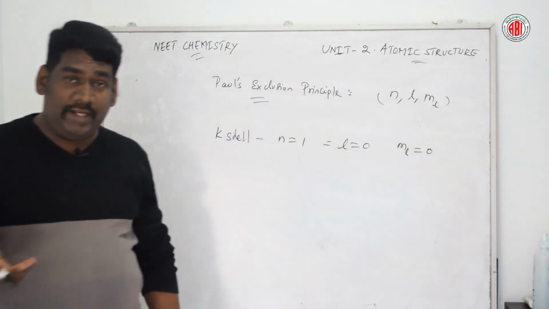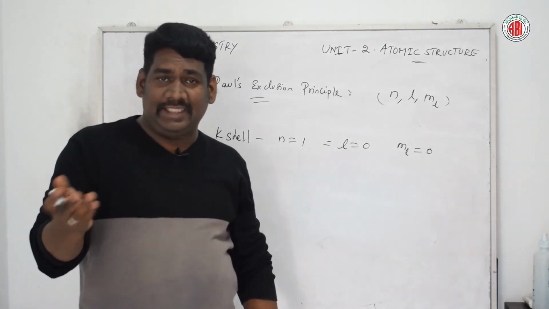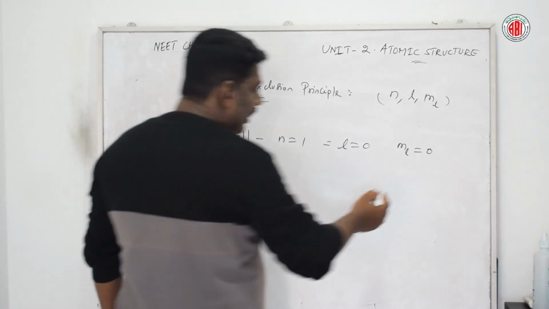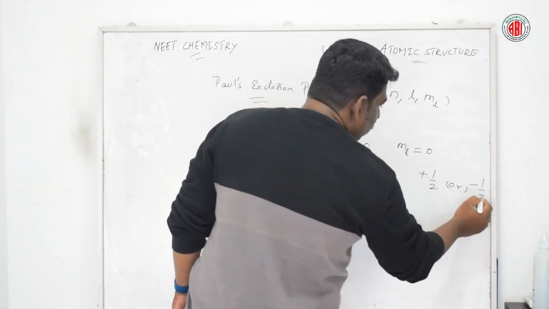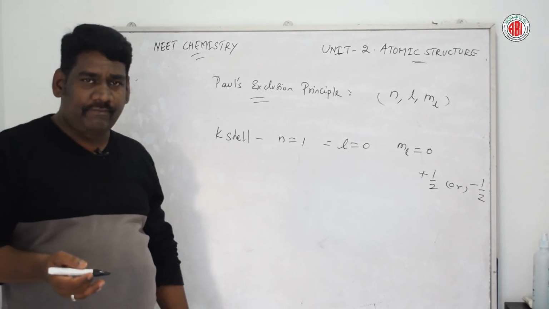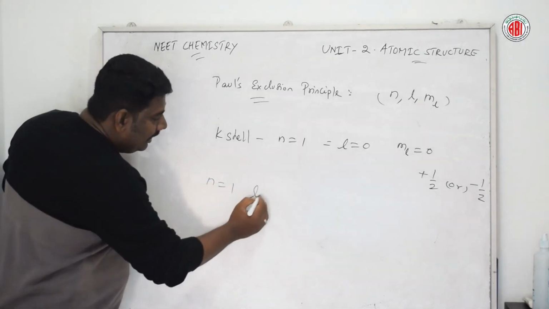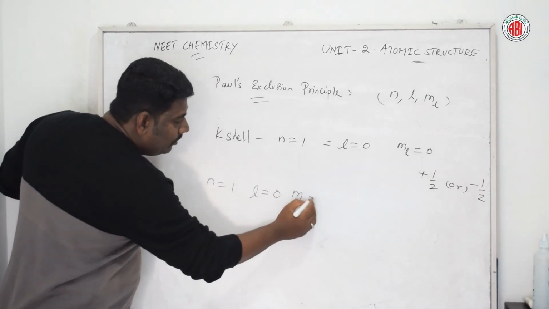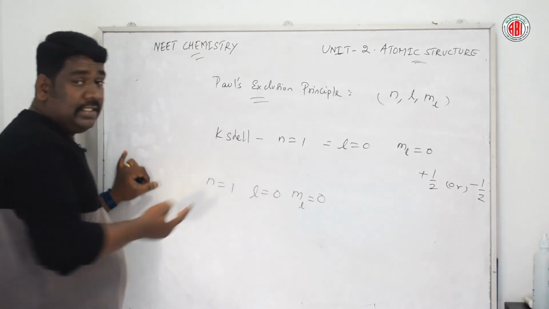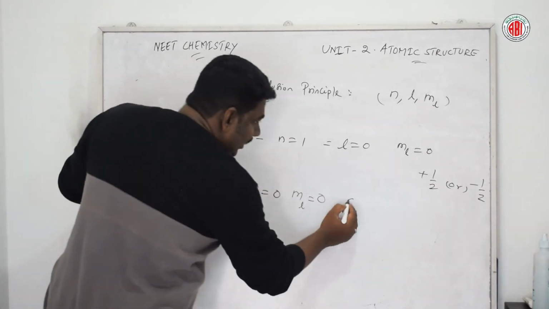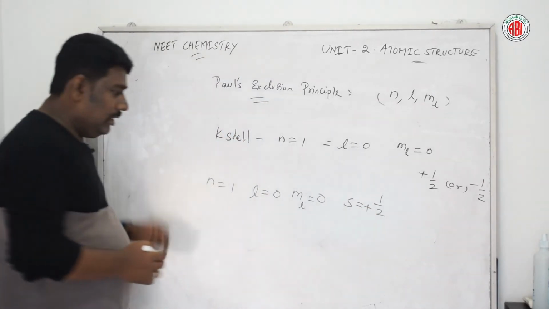But it should have either of the 2 values of s, that may be plus 1 by 2 or minus 1 by 2. That means n is equal to 1, l is equal to 0, ml is equal to 0, and the spin value s is equal to plus 1 by 2.